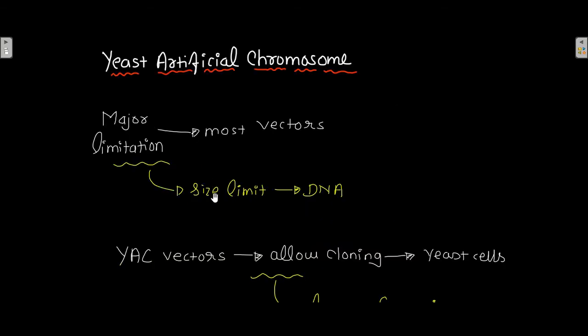Now let's have a discussion about the yeast artificial chromosome, which is abbreviated as YAC. The major limitation of most of the vectors is the size limit of the target DNA that they can carry, and this limitation is overcome by the yeast artificial chromosome.